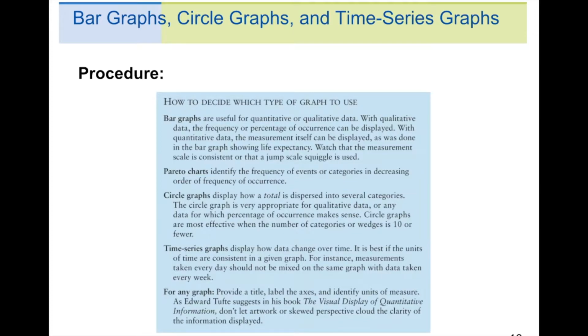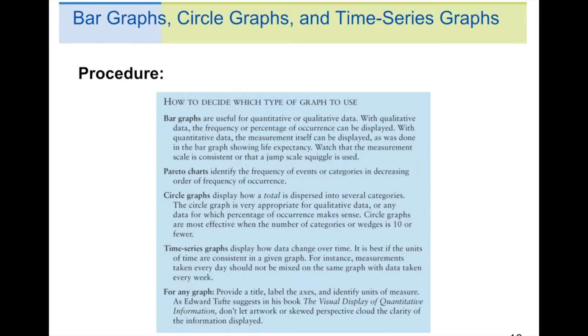Pareto charts, specifically if you want to look at the frequency in decreasing order. That's specifically starting with the highest and then going to the lowest, showing a decrease there. Bar graphs are usually organized depending on how it is, could be randomly, could be alphabetically, could be chronologically if you're dealing with years.